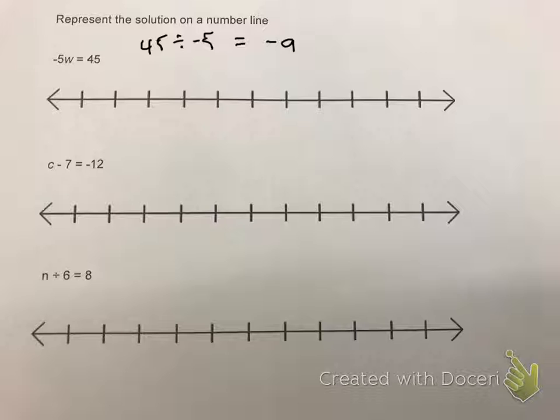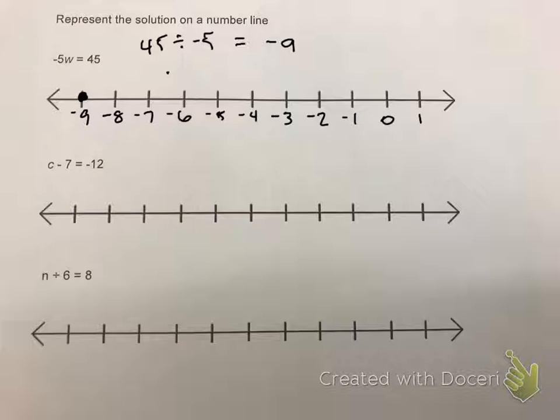So we'll just put 0 right there just for argument's sake, and we'll label all the other numbers. Okay, and since the solution is negative 9, we're just going to place a dot right there at -9. So now we've represented the solution on the number line.